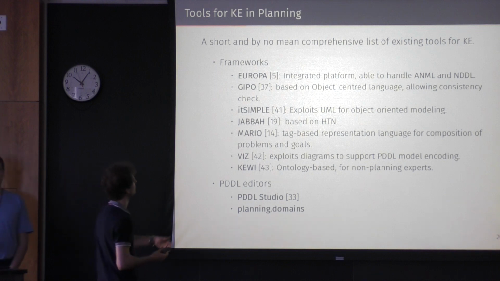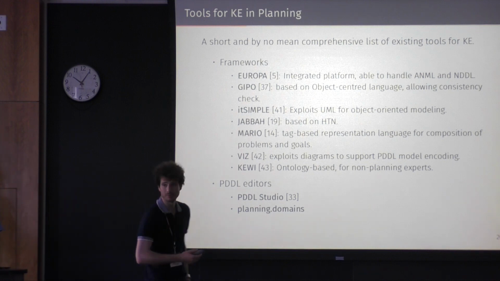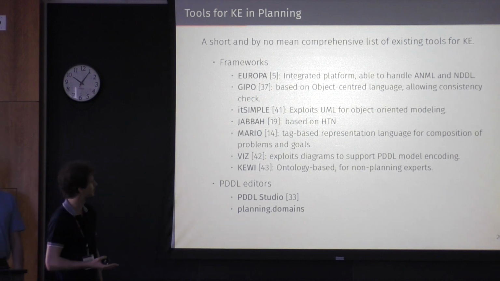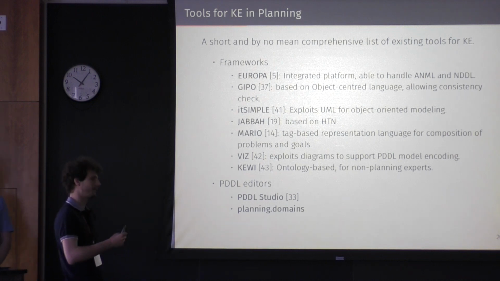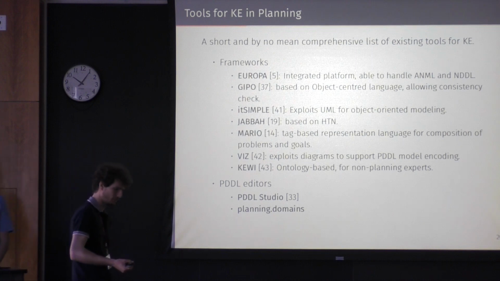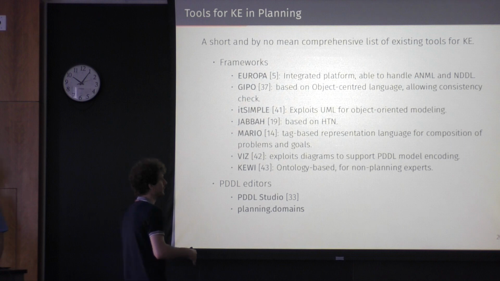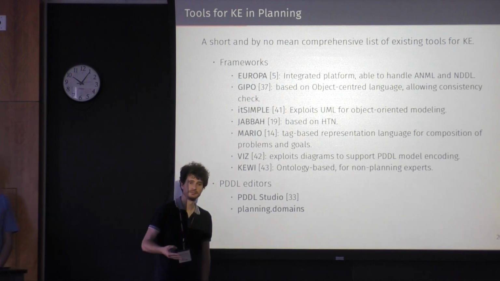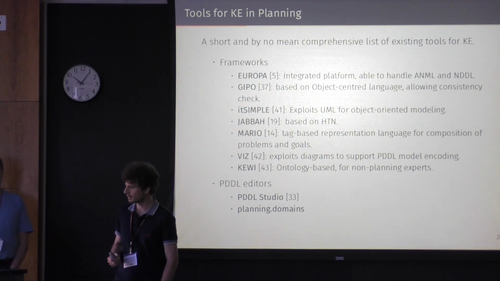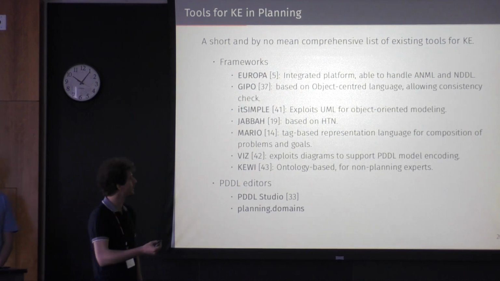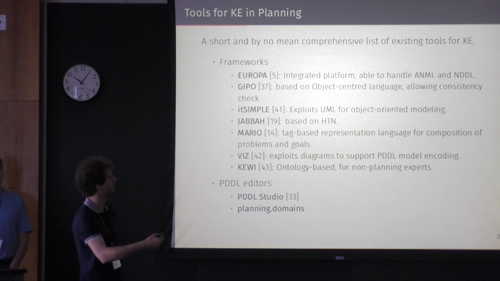If you are speaking about, let's say, GIPO and itSIMPLE, what they are exploiting, especially in the case of itSIMPLE, is that rather than starting immediately with the PDDL language for encoding your model, you start with UML, following what is done for object-oriented programming, so you follow an object-oriented modeling.